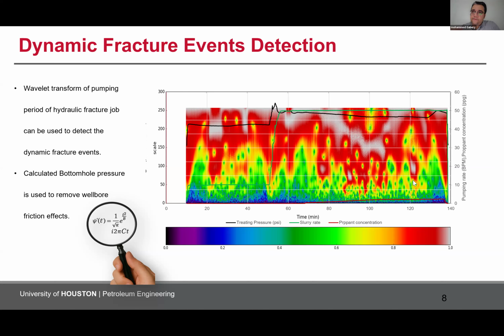So the flame itself, which represents fracture propagation in length, is limited in width, and possibly we have a screen out at the end of the job with proppant. It can be inferred as a red flag for proppant screen out. But that's what we got from one or two jobs using the scalogram. We need more data and more collaboration to understand how the fracture propagates on the scalogram.